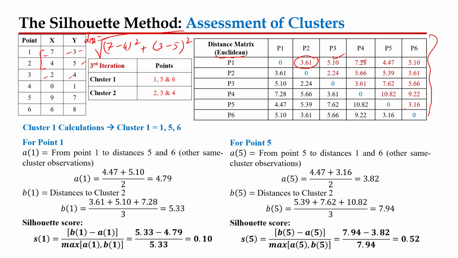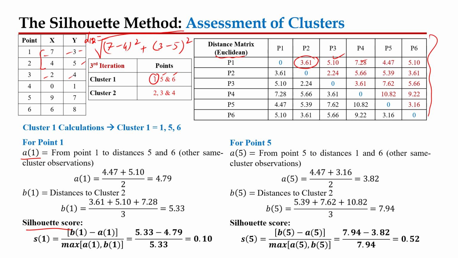Once we have this distance matrix, in order to calculate the silhouette score, we need to find the cluster cohesion, which is A1 for observation 1. A1, or the cluster cohesion, is the distance of that particular observation from the other observations lying within that cluster. So we need to take the average of the distances between that observation and the other observations within the cluster.